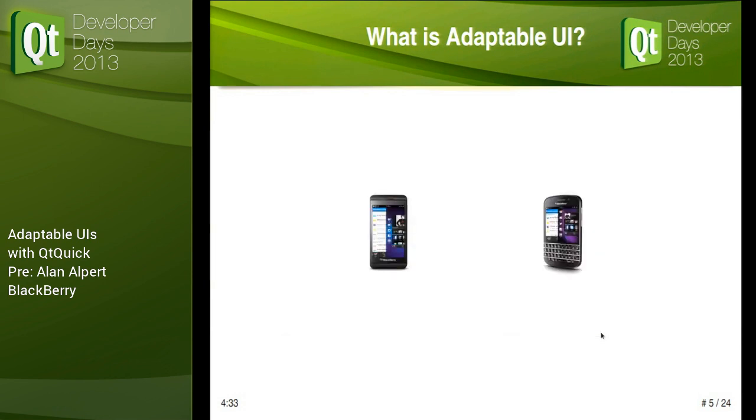And in the one device to another case, you may recognize these 2 stunningly handsome devices, the BlackBerry Z10 and the BlackBerry Q10. And there you need to adapt not only to the different resolution of the screen, but also the different form factor. The hardware keyboard on the Q10 takes up so much room that a good Q10 application is going to make use of it.